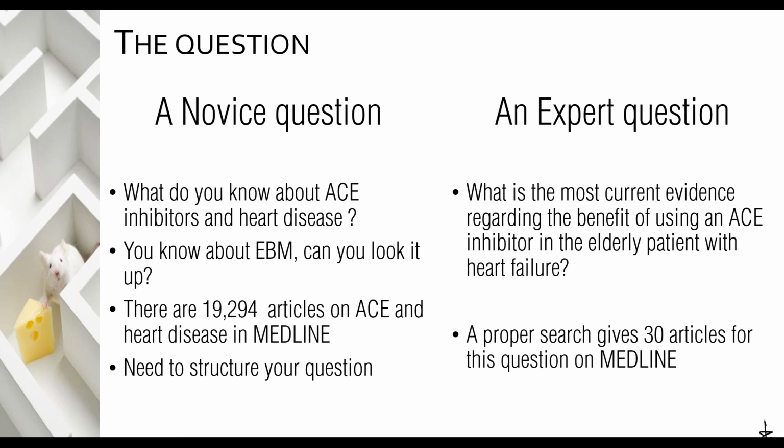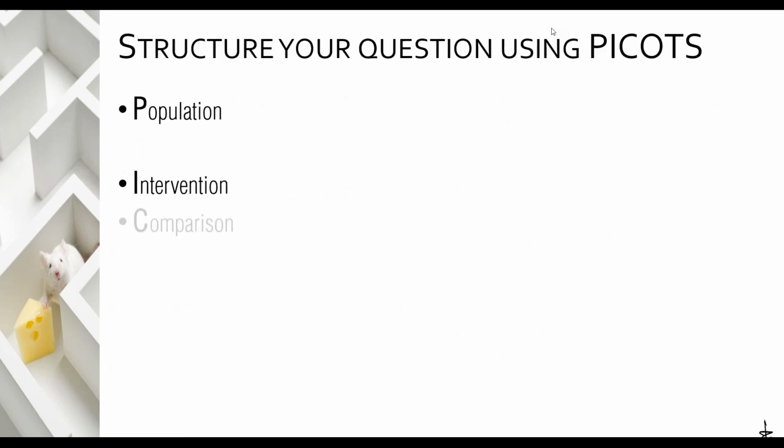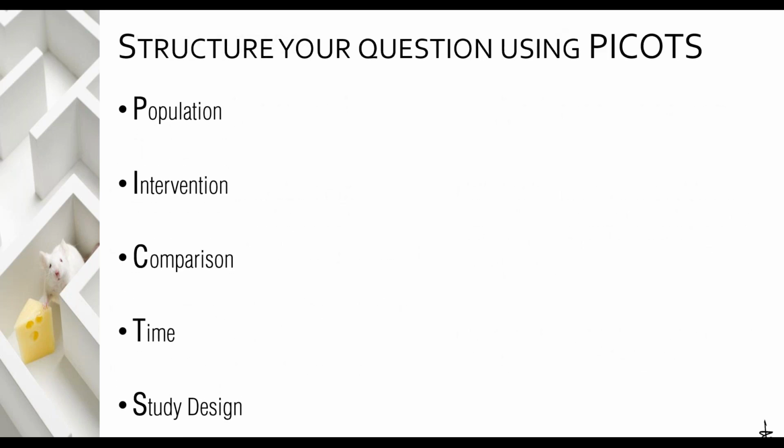What is it exactly? When you do this in a proper way, look how many studies this turned up. It turned up 30 articles from 20,000 just by doing the proper search. I went down to 30 articles. This is how important formulating the question in the proper manner is.